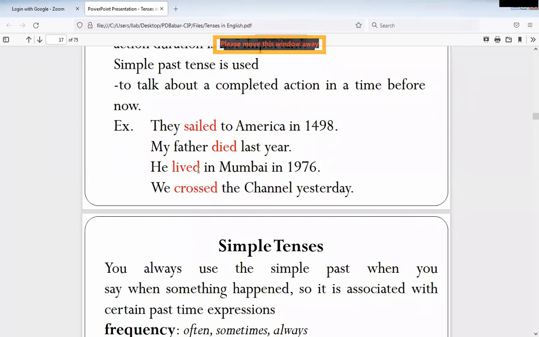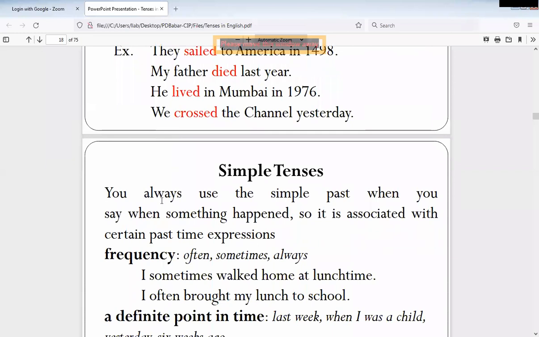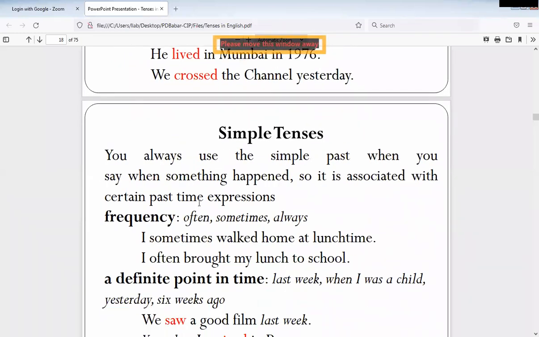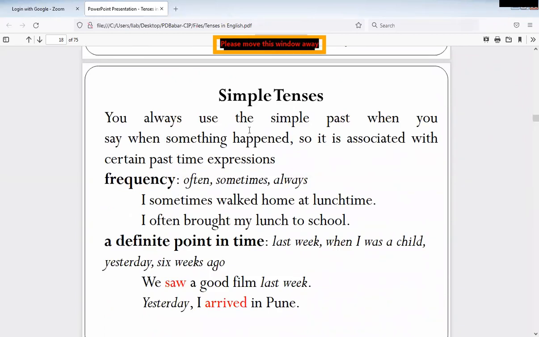So he lived in Mumbai in 1976. This is the distant past. Okay, that action has happened before 5 decades ago, and that's why to show that action we use these sentences. Then you always use simple past when you say when something happened.